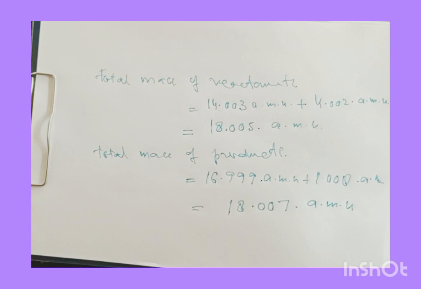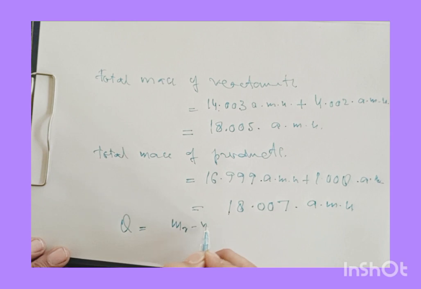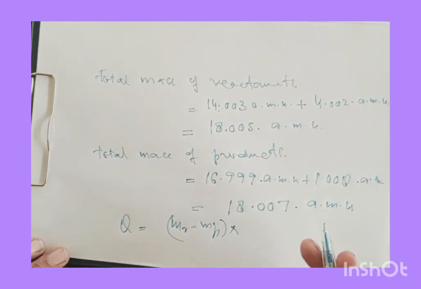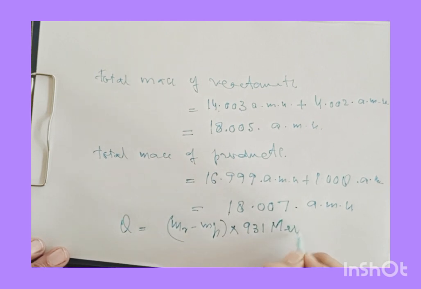Now what we are interested in is calculating Q. So what is Q? Q is the subtraction between the mass of reactants and the mass of products, so the mass of reactants minus the mass of products, times c squared. But we have already converted that in terms of electron volts, and I will simply write here 931 mega electron volts.